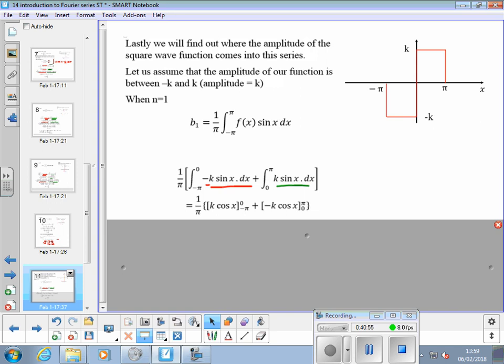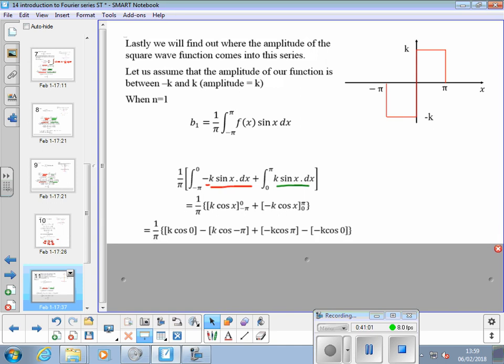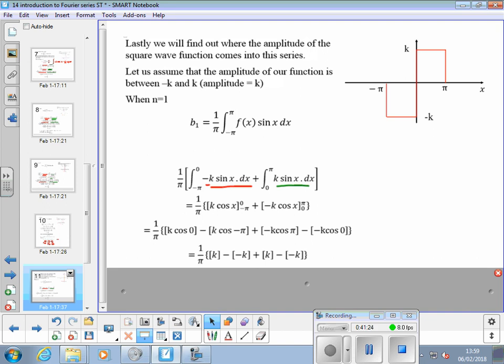Write that out in full. This evaluates to 1, and therefore overall is k. This evaluates to -1, so that's minus k.